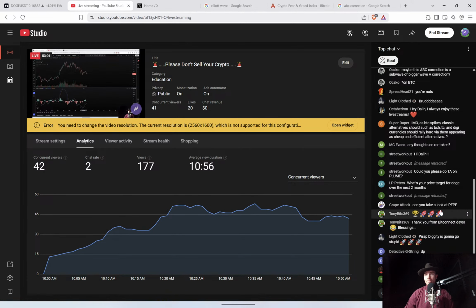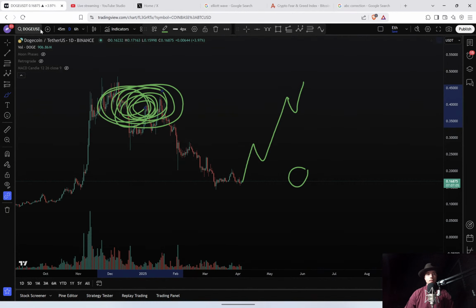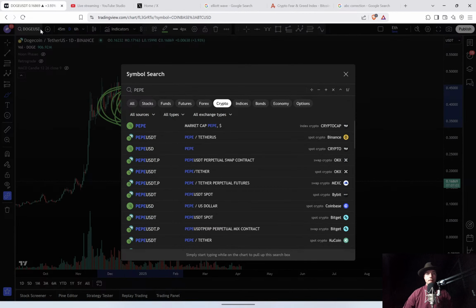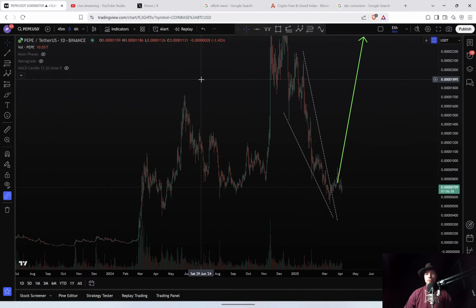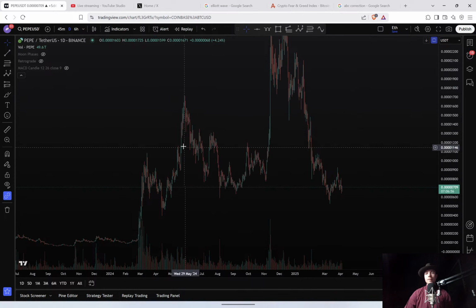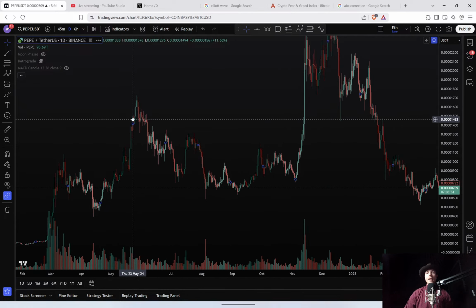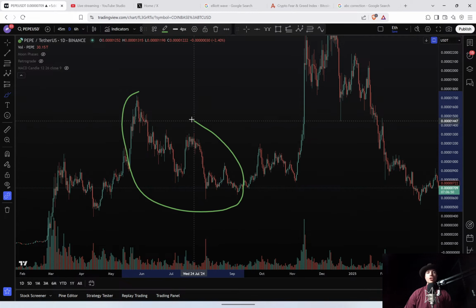Can you take a look at Pepe? Pepe. This coin has a special place in my heart because last year this coin was extremely profitable for me.